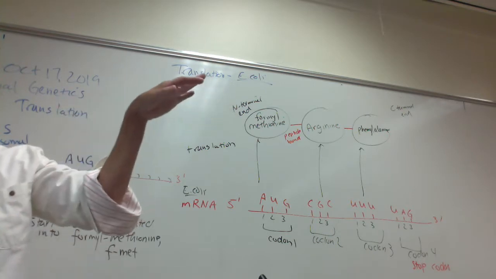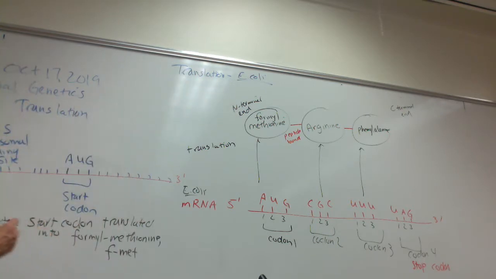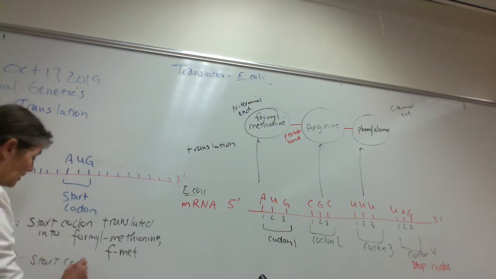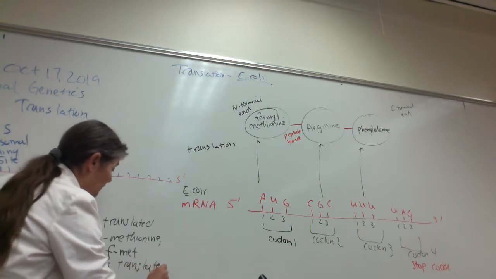Any future AUGs are just translated into regular old methionine. Okay? In contrast, you guys, in eukaryotes like human cells, it's simpler for once. The start codon is translated into just regular methionine.